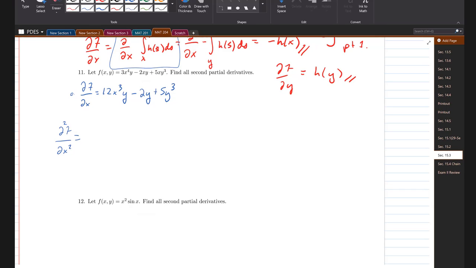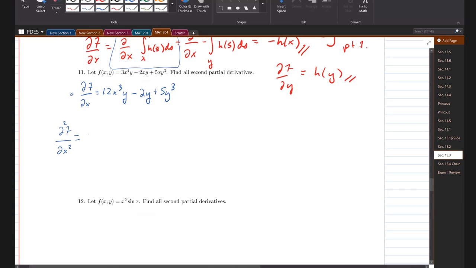With respect to whom, Stephen? X. With respect to x. Okay. So I'm going to take this result, take the derivative again with respect to x. So this is going to give me 36 x squared y. And notice that the other two terms have no x's in them. And so that's the second partial with respect to x both times.